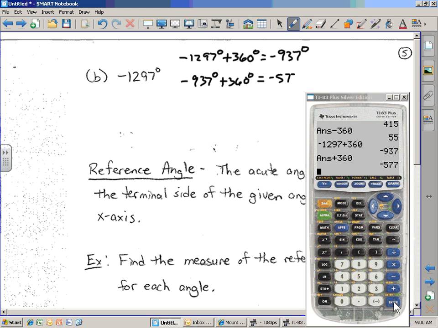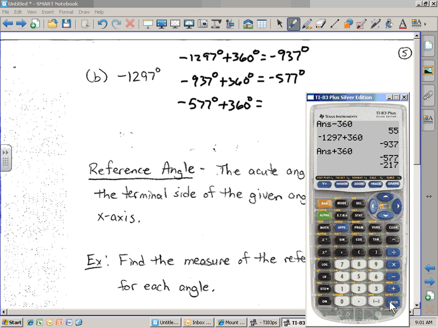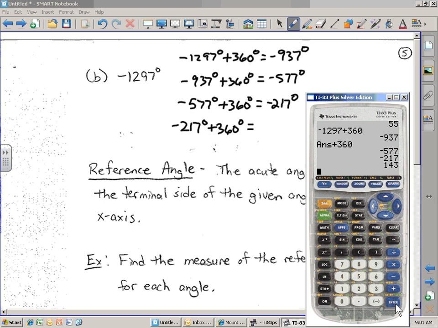Negative 577. Still not there. Negative 217. Still not there. Oh, finally, 143 degrees.